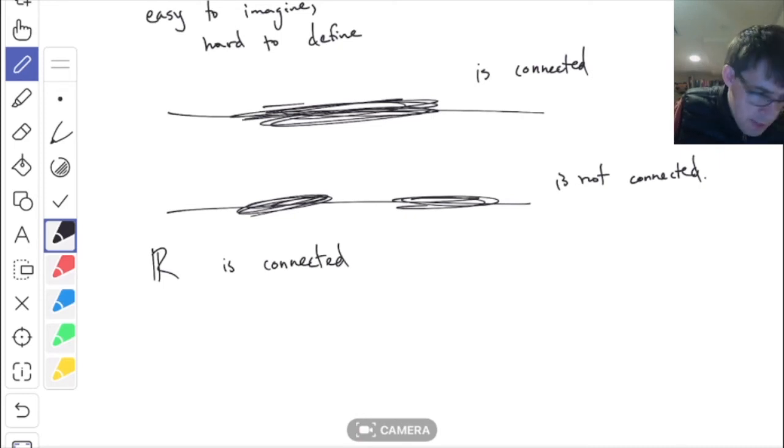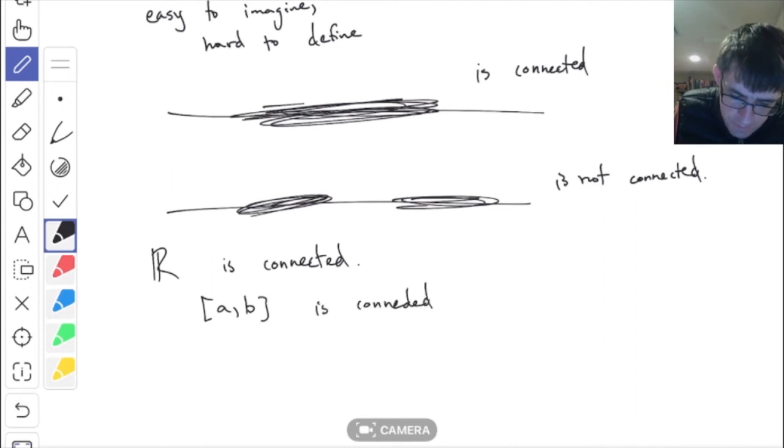Something like any interval is also connected. So something like the interval a to b, right? That is connected. Whether it's closed or open, it's connected, right? This is also connected because it still is all in one piece, right?